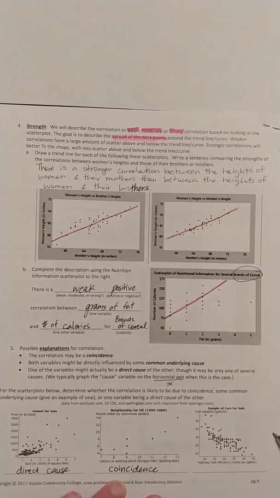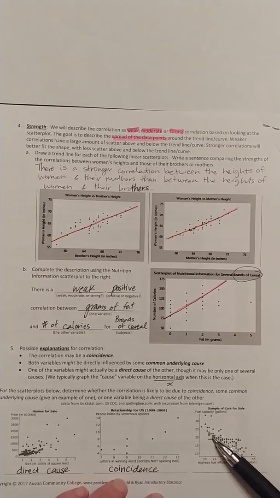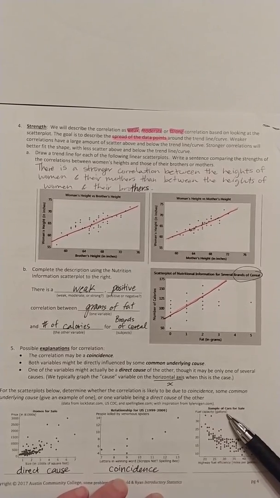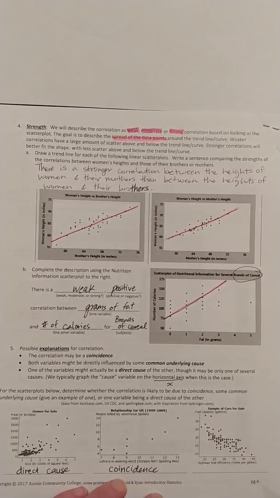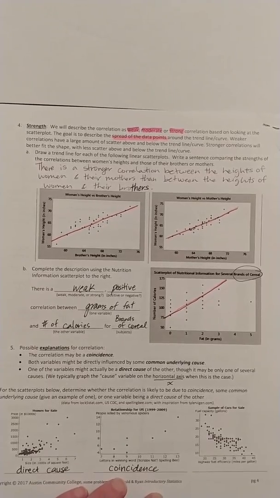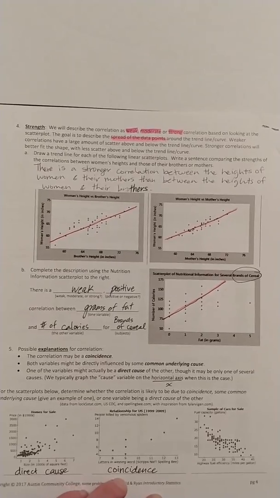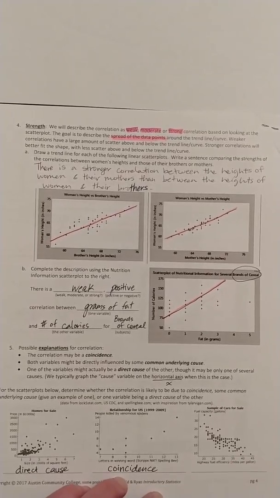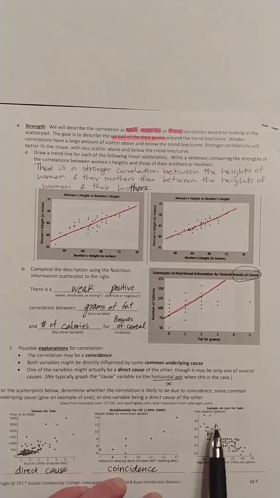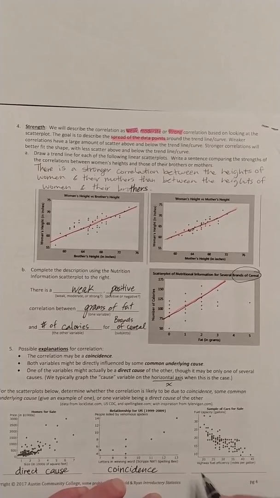So what do you guys think? Why is there that negative correlation between the fuel efficiency of a vehicle and the fuel capacity of the vehicle? Well, there's an underlying common cause. And what would that be? The vehicle size, right? That would be the underlying cause that is making these have that correlation.